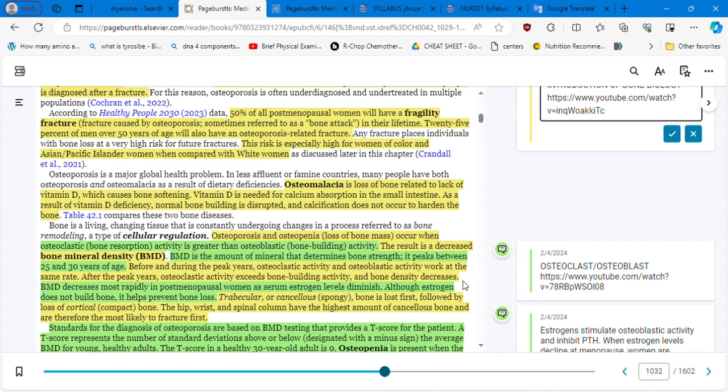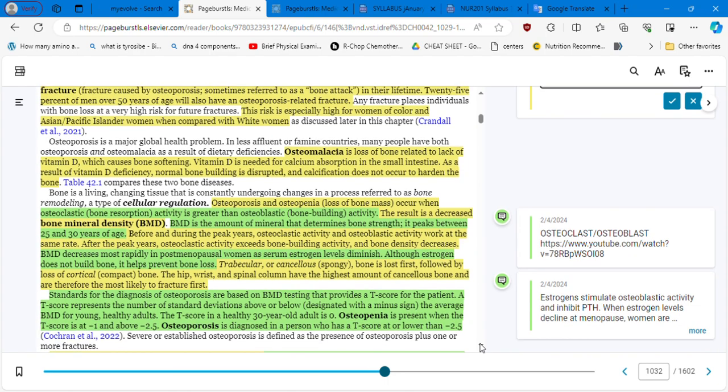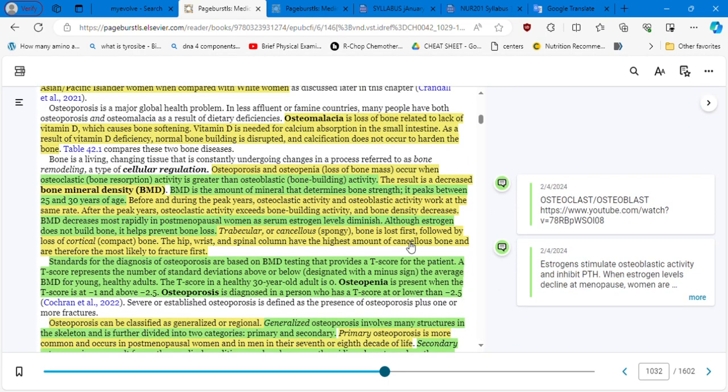In the small intestine. Osteoporosis and osteopenia are loss of bone mass, and let's remember that osteopenia is the first stage before osteoporosis.